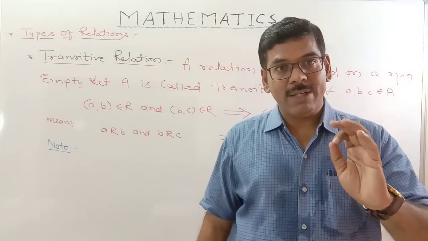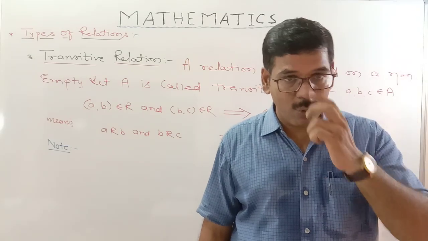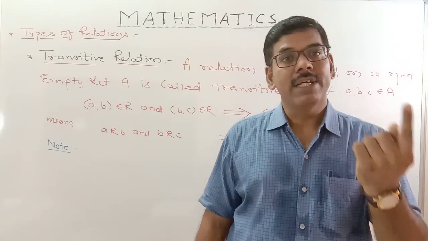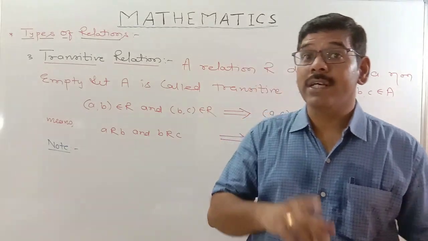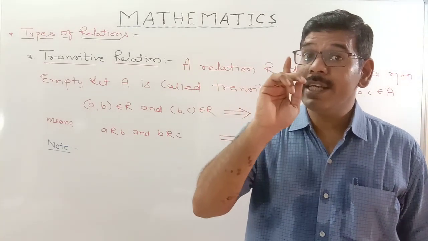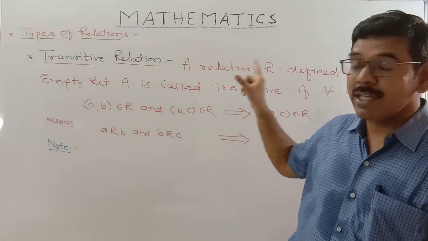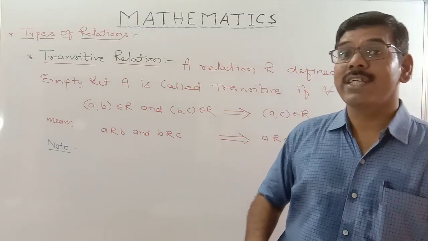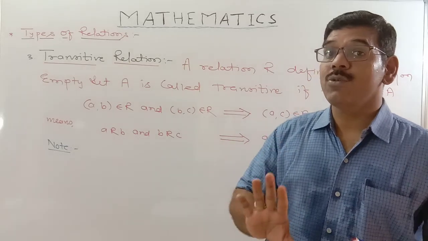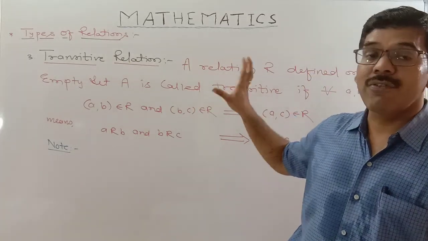For any of the elements, if it does not follow the rule, then it will not be symmetric or reflexive. But transitive is a little different. For any one triplet, if it follows the condition of the transitive relation, then it is a transitive relation. Transitive does not mean that it is following for all the elements.